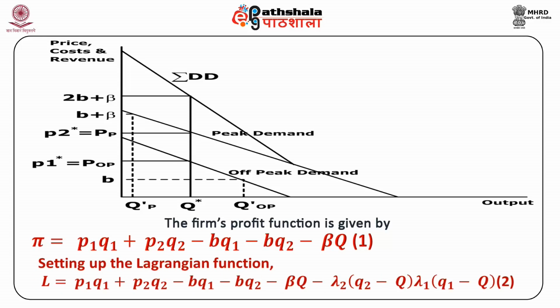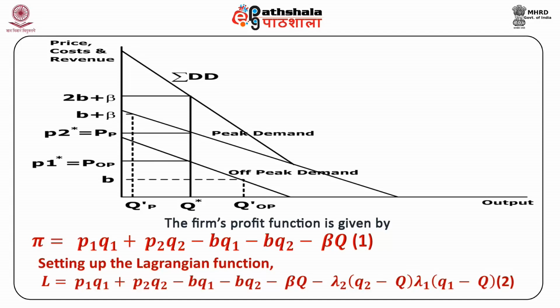Setting up the Lagrangian function, L is equal to P1 Q1 plus P2 Q2 minus b Q1 minus b Q2 minus beta Q minus lambda 2 into (Q2 minus capital Q) minus lambda 1 into (Q1 minus Q), which is equation 2.